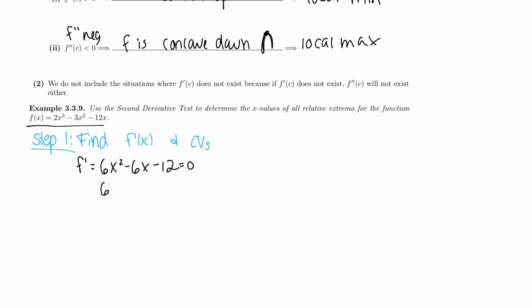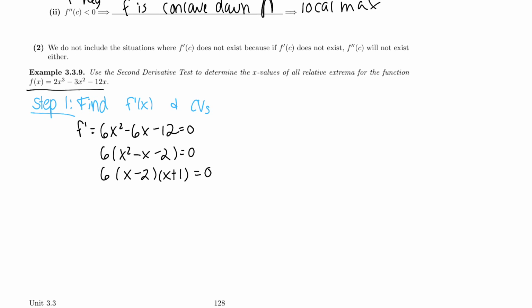I can factor out a 6, and I have x squared minus x minus 2. So I have x minus 2 times x plus 1 equal to 0. x equals 2, x equals negative 1. Those are my critical values.